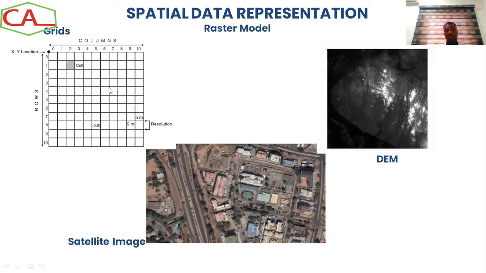So the grids of raster depend on resolution. If you look at this, for example, it's 5 by 5 and all that. A grid of 1 meter by 1 meter is better than a grid of 2 meter by 2 meter in terms of resolution. The same way it goes better than 5 by 5 or 10 by 10 and all that. Resolution of any image depends on what you are looking for.